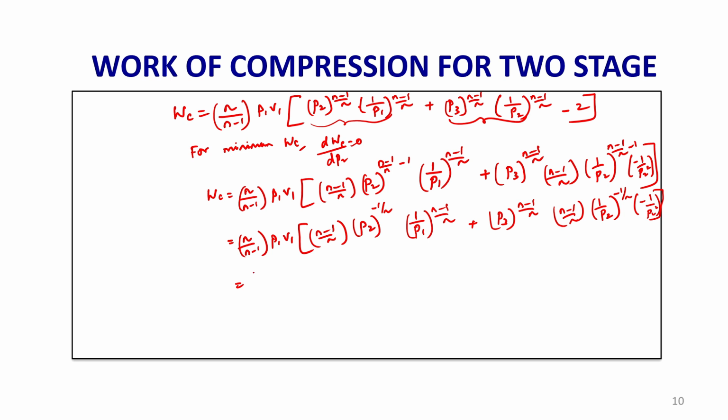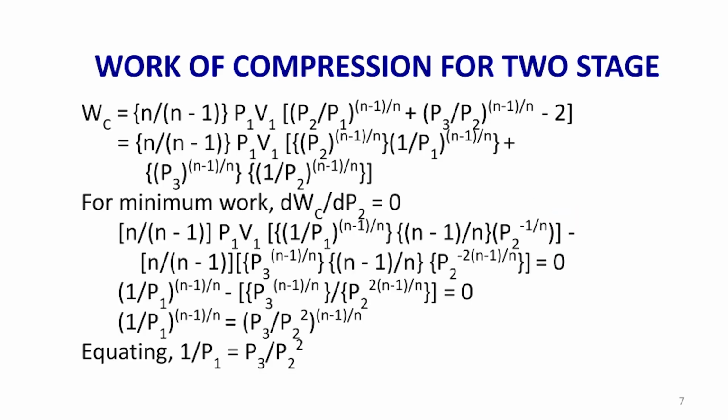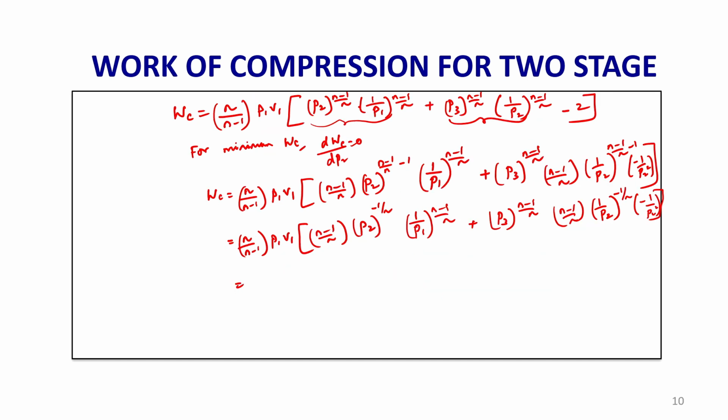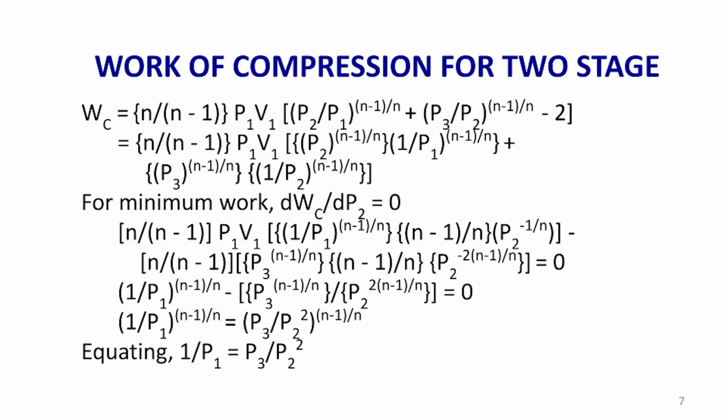So, on simplification, due to shortage of time I am just quickly doing it. On simplification you will get this term like 1 by P1 to the power of n minus 1. Okay. So, equate to 0, because we differentiate and equate to 0. After simplification we will get 1 by P1.